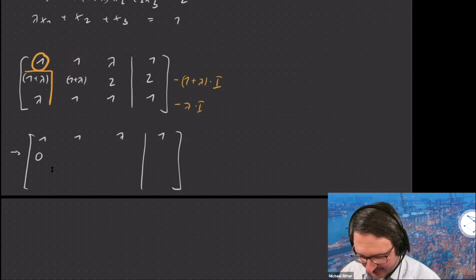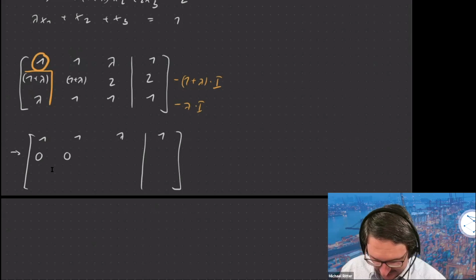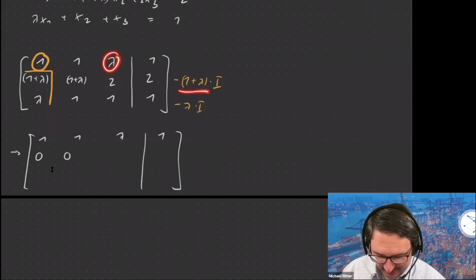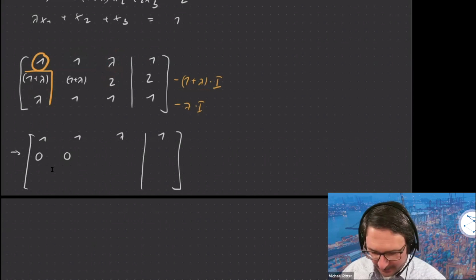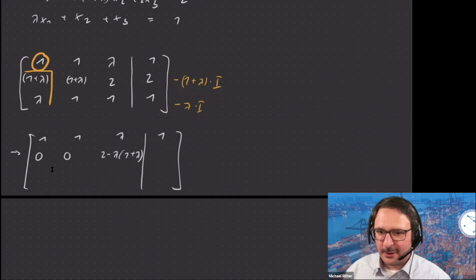So same thing, that's also 0. And the last one is a little more complicated. Here we have 2 minus lambda times 1 plus lambda. So here we get 2 minus lambda 1 plus lambda. That's a little more complicated.